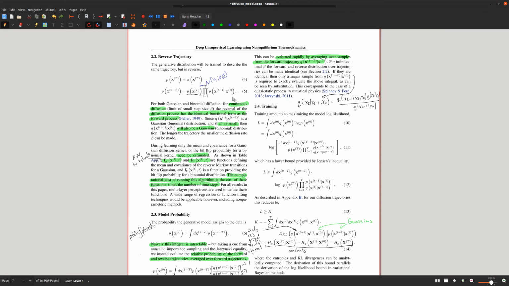But the parameters are the same for all the inputs, right? What do you mean, the same for all the inputs? The functional form for the very last step is the same for all inputs, because that function only acts on x of capital T. But mu and sigma are different in different positions in the Markov chain.